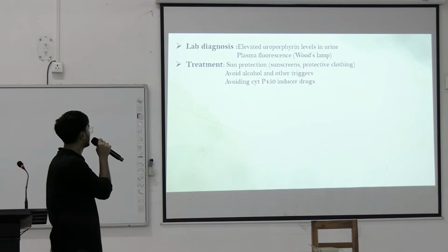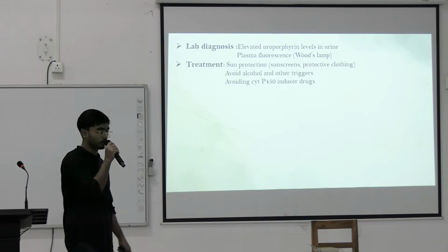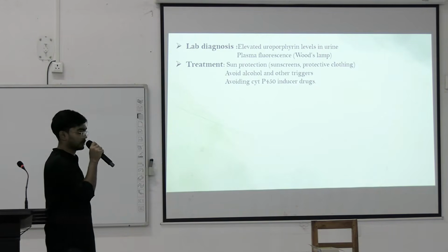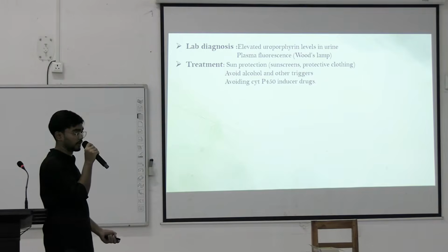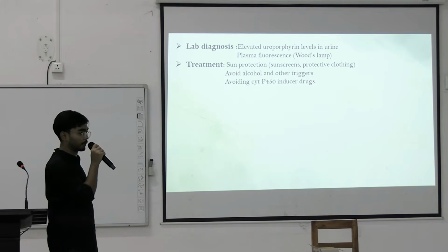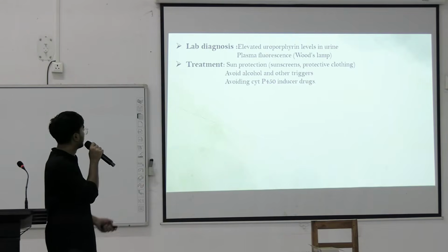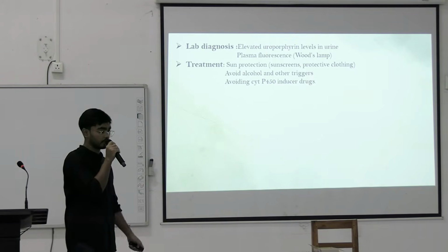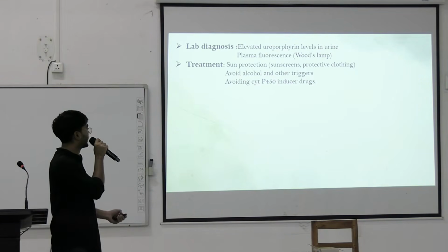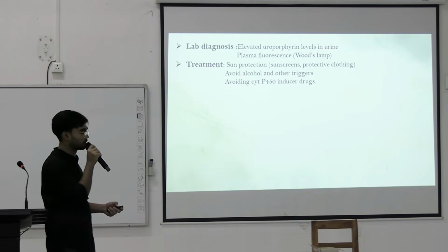Lab diagnosis: elevated uroporphyrin levels in urine, plasma fluorescence, which is also known as Wood's lamp. Treatment: sun protection like using sunscreen or protective clothing, avoiding alcohol and other triggers, and avoiding cytochrome P450 inducer drugs.